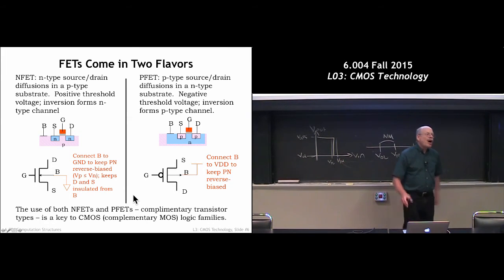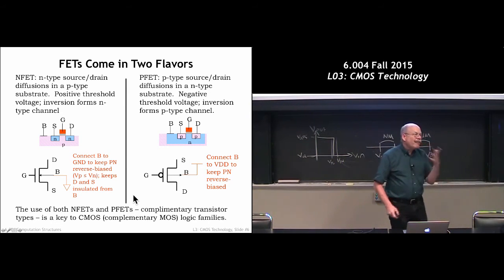These are so-called complementary switches. For a particular voltage on the gate node, in the way that we hook things up in our circuitry, typically only one of these two switches will be on and the other will be off. We're going to use that complementary, opposite behavior of the switches to build logic. And it's actually a very simple recipe.